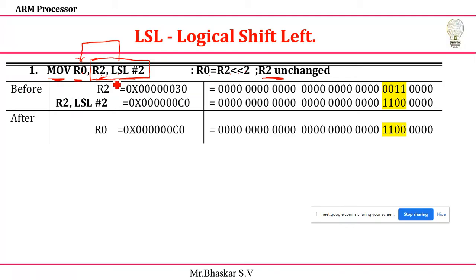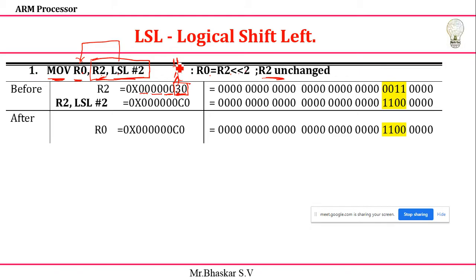For example, I take the R2 value as 0, 0, first byte, second byte, this is my third byte, and fourth byte. The fourth byte value I'm going to take as 3. You can see 3. What is the binary value of 3? Just I'm splitting 3. 1, 1, right?